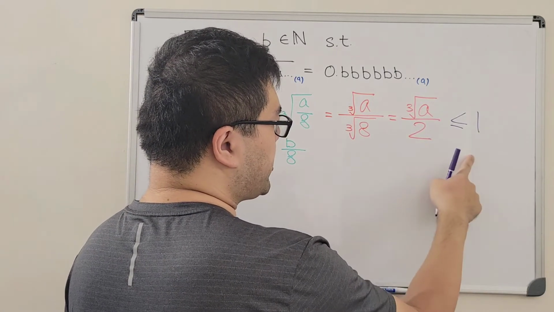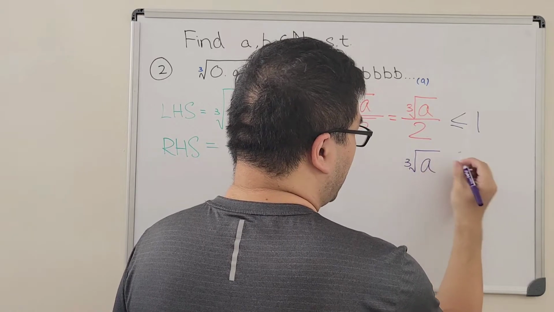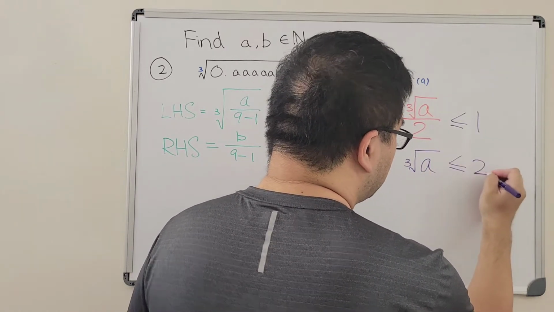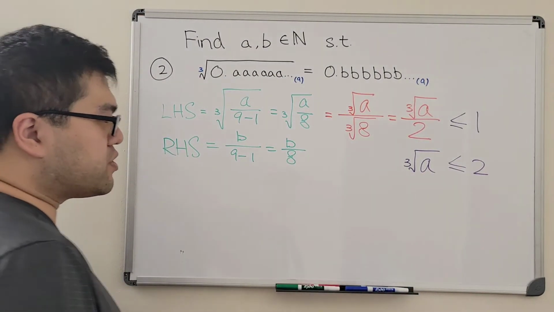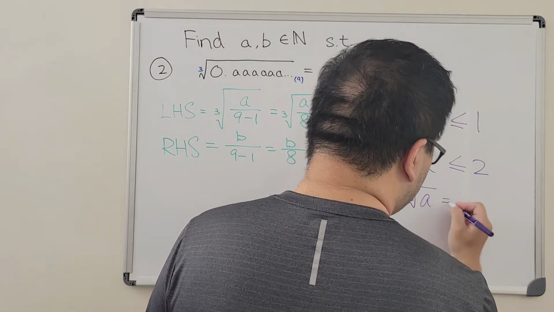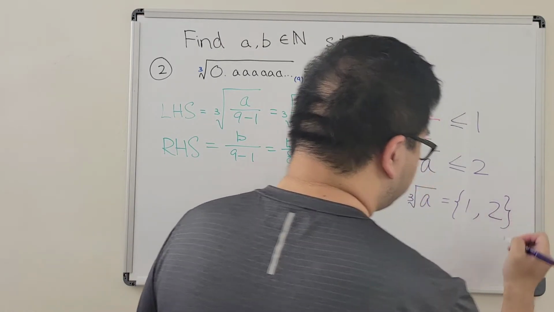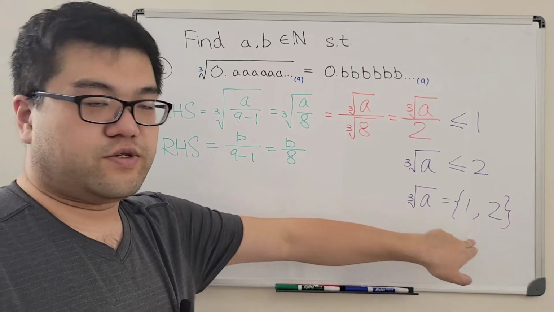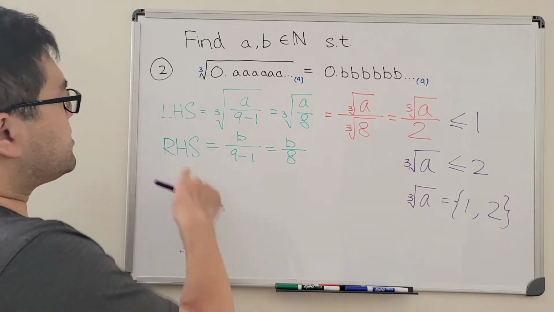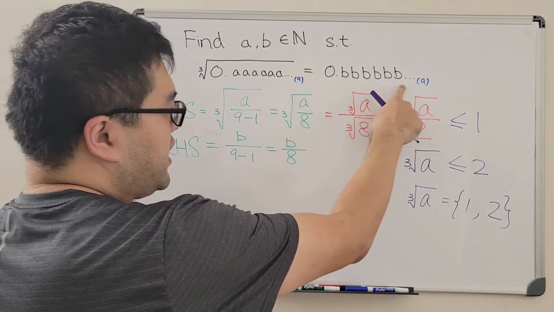Next, we can just multiply both sides by 2 to get cube root of a has to be less than or equal to 2. In other words, the cube root of a has only 2 options, either 1 or 2. Why do we only need these 2 values? Well, let's consider this statement here. The left-hand side has to be equal to the right-hand side.